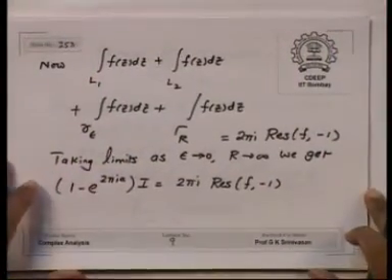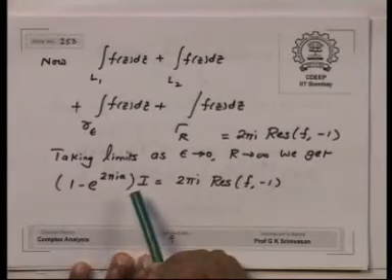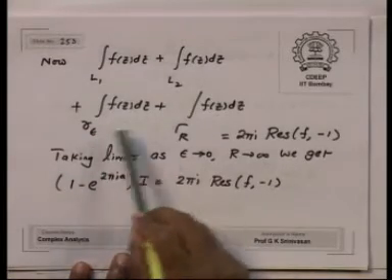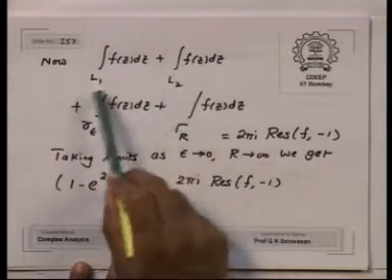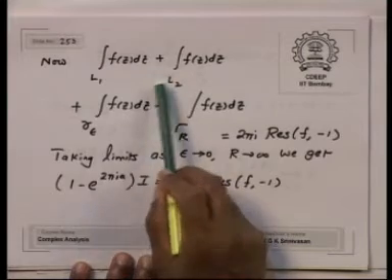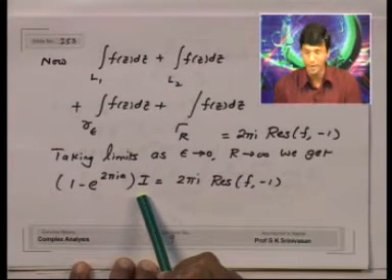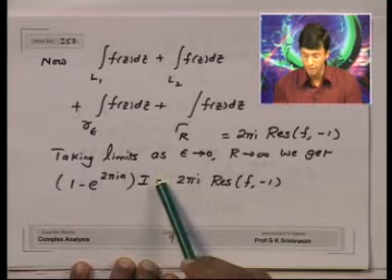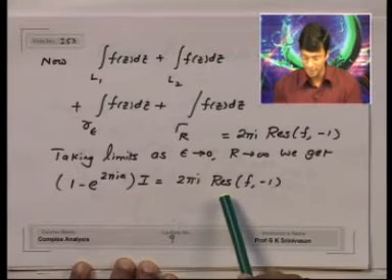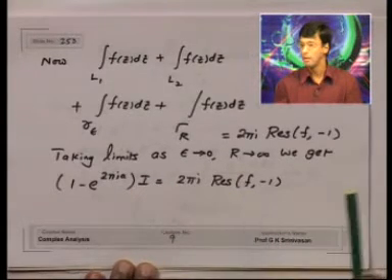So, all in all you get finally what I just spelled out: the contributions from the two circles go to 0, the L1 and L2 combine in the limit to give 1 minus e to the power 2 pi i a into I, and the whole thing is equal to 2 pi i times the residue of f at minus 1.